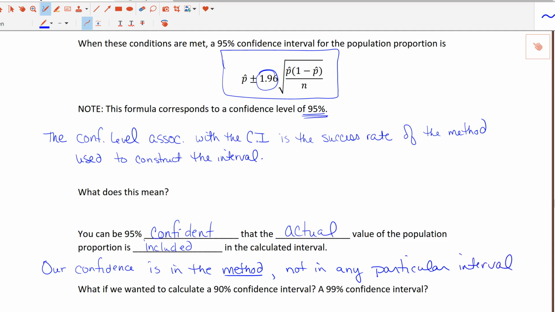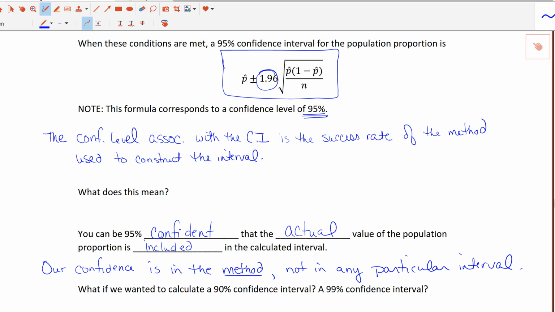So how we say this is really important. We are 95% confident that the actual value of the population proportion is included in that interval. You know, we don't want to say that it is, because we know that our method is only going to be right 95% of the time.